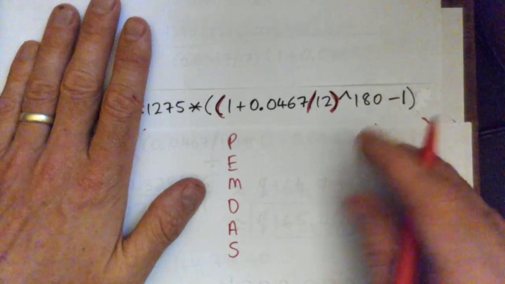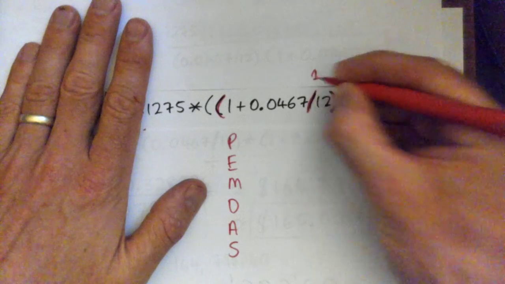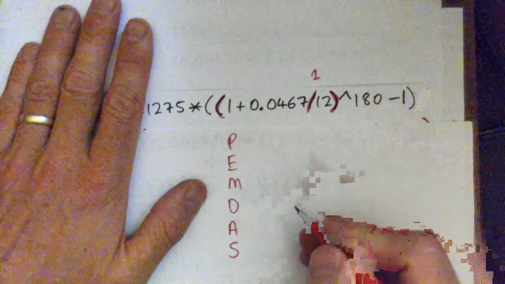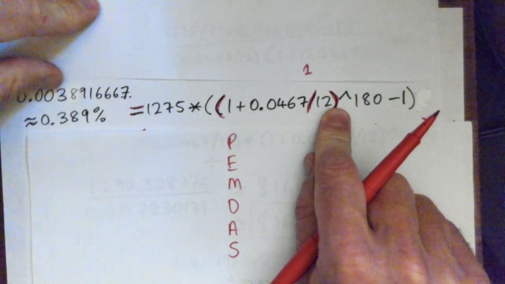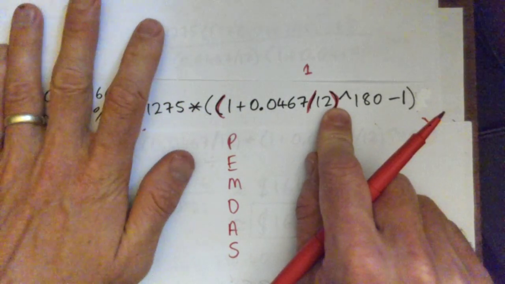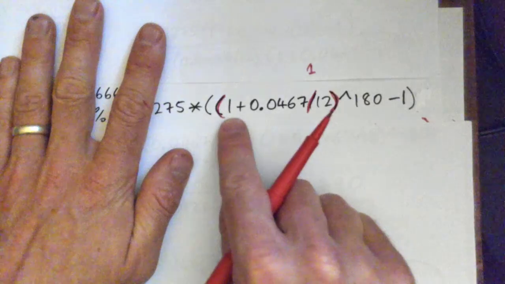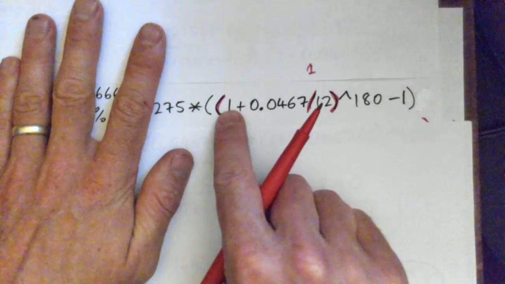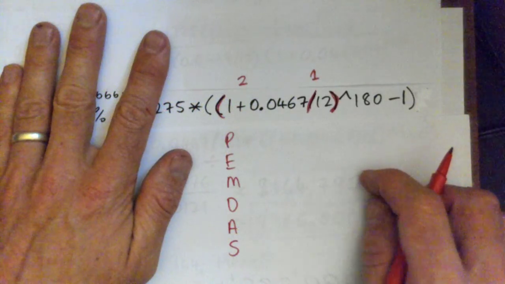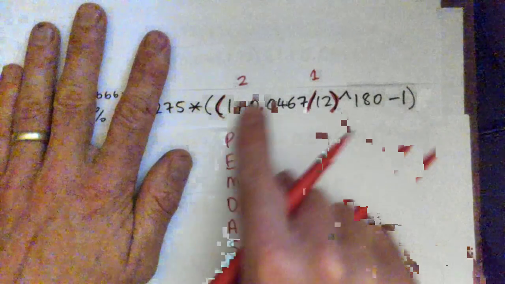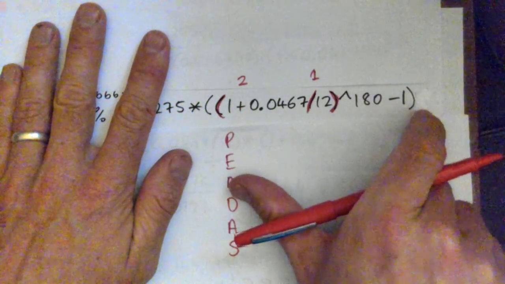So this is kind of like the number one operation it does. That gets divided to get your big long decimal for your rate, which is great. Then it's still inside the parentheses and it's going to add, so that's the second operation. Now this parenthesis is taken care of, and so now it looks outside of it.